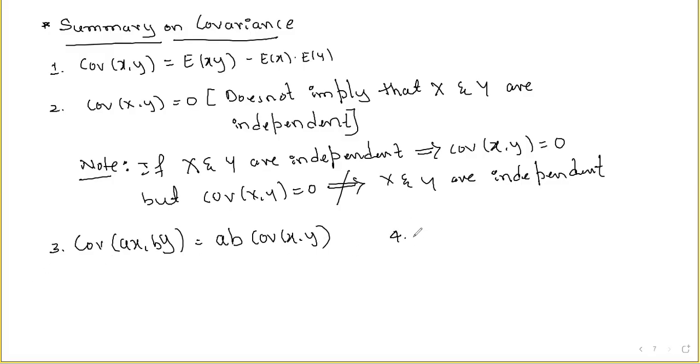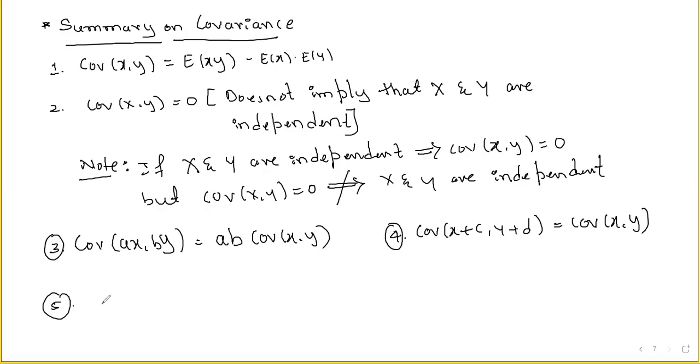Next, fourth point, covariance of X plus C, Y plus D is equal to covariance of X comma Y. Fifth point, covariance of X comma X is equal to variance of X.